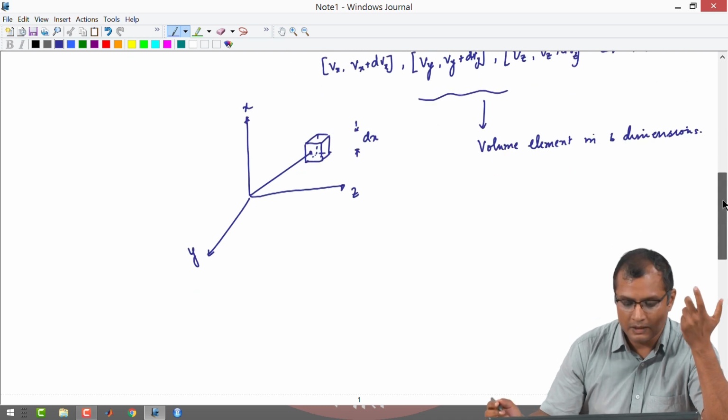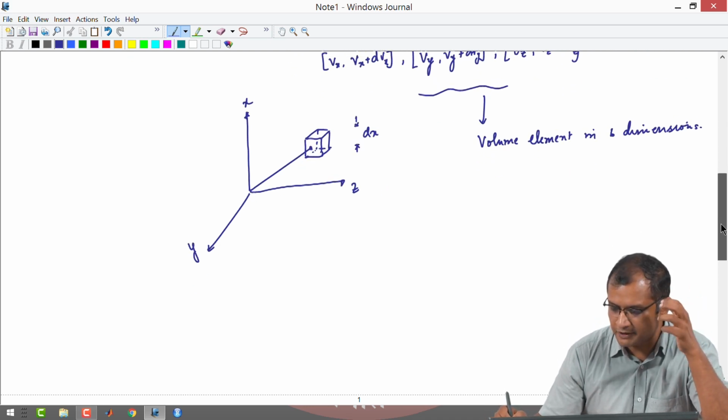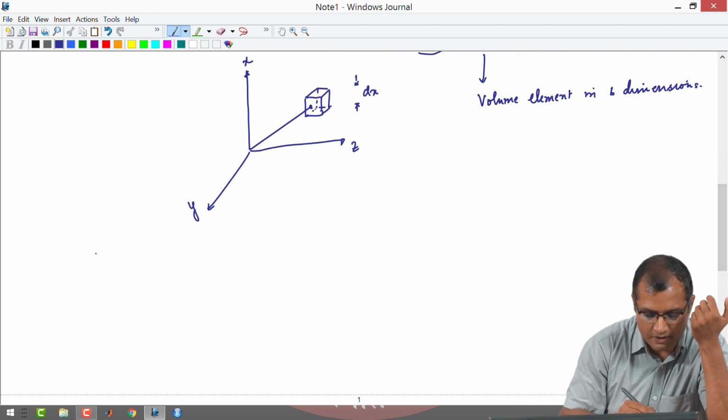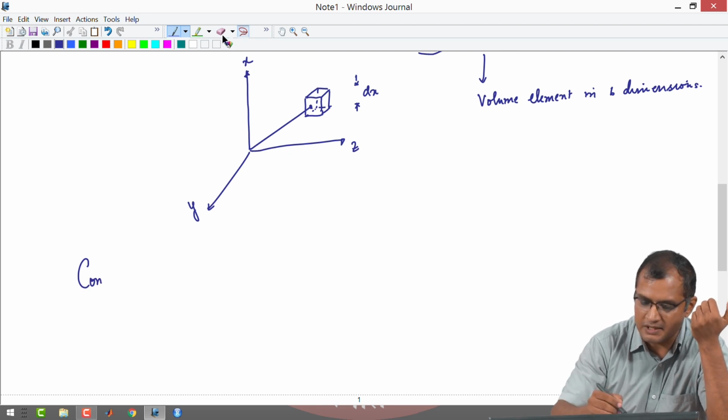Okay. Now, there's a simple concept which goes as the conditional probability. We'll talk about unconditional probabilities first.